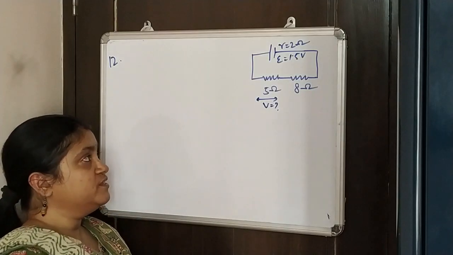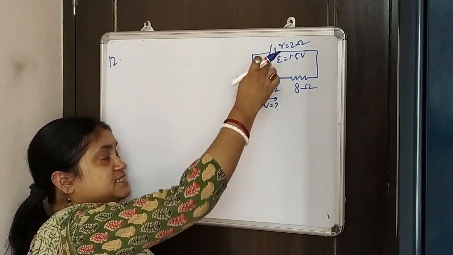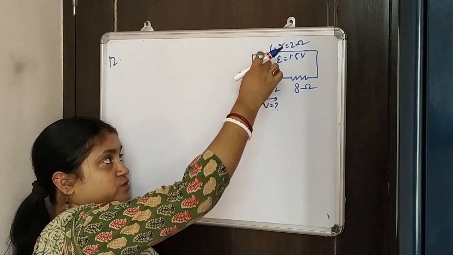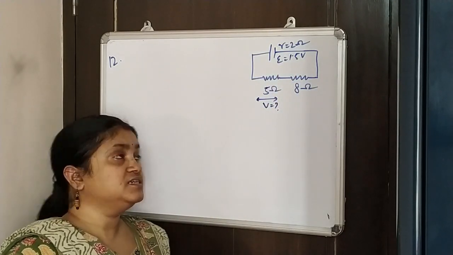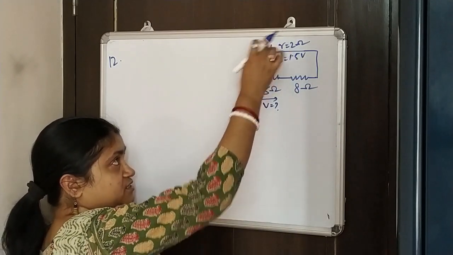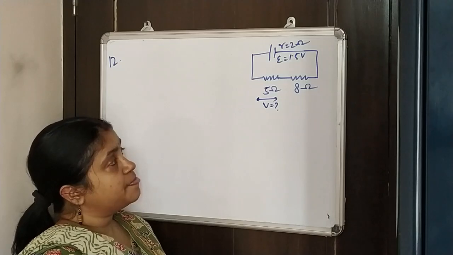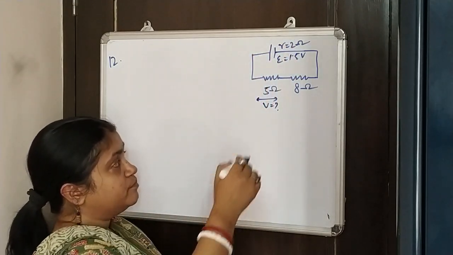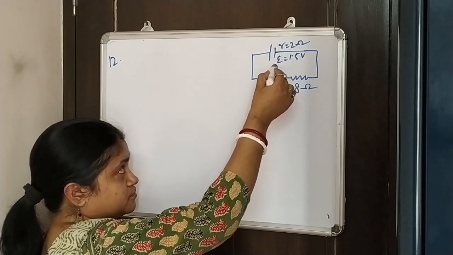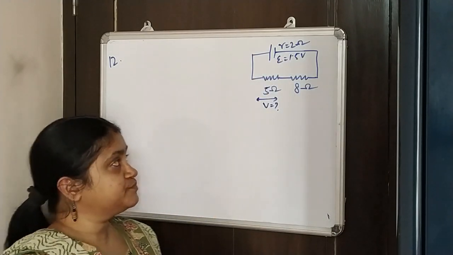Now coming to the 12th numerical, it is given that a cell is connected with two resistances, and these two resistances are in series, and with that this particular cell is connected, and this cell has the resistance as 2 ohm and EMF as 1.5 volt.